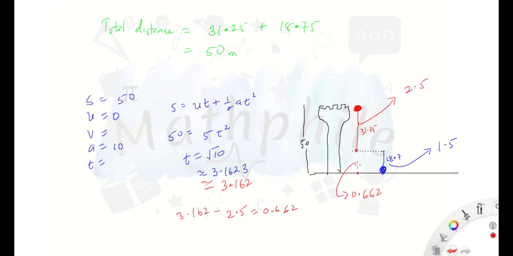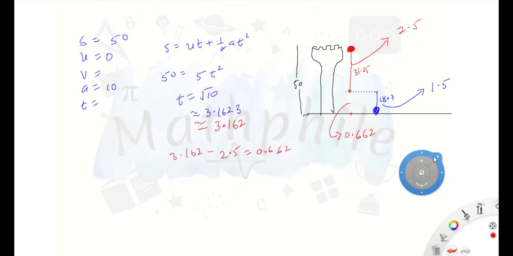Now, for this time, this particle will still be going upwards. So the total time for B will be the time it has traveled already, 1.5, plus the 0.662. Are you getting me, Derek? Yes. Okay, so the total time in this case is going to be 1.5 plus the 0.662.